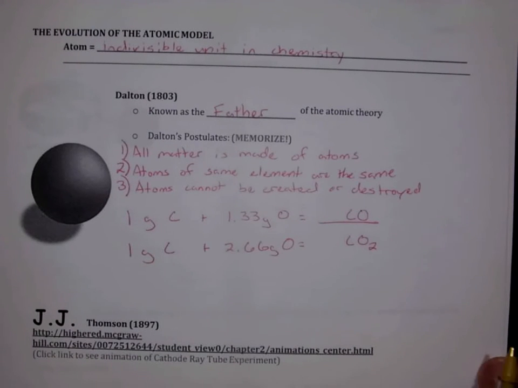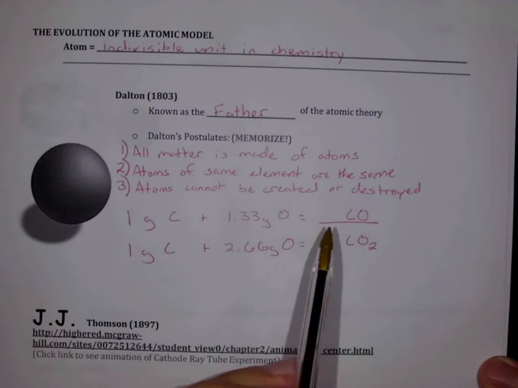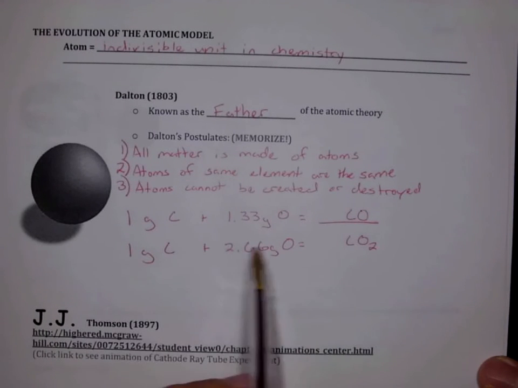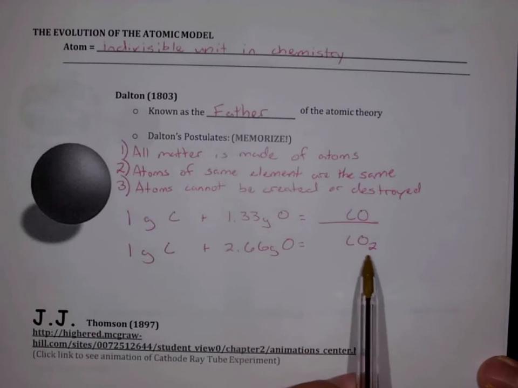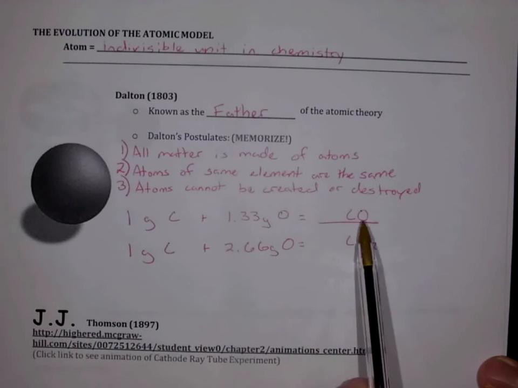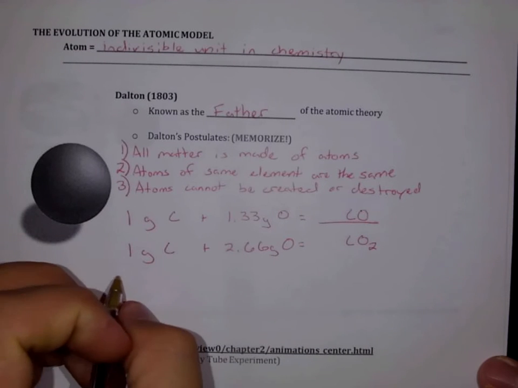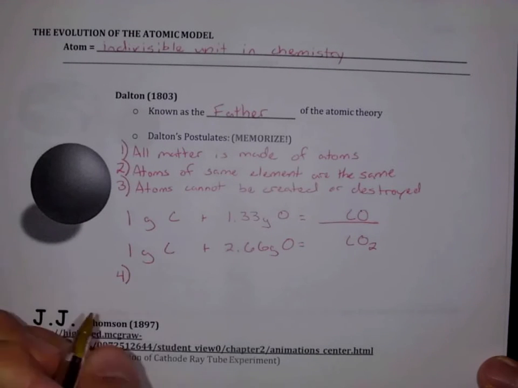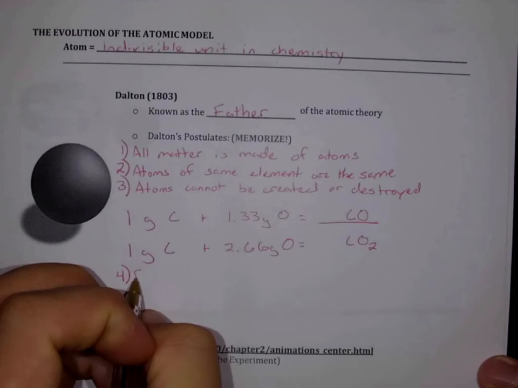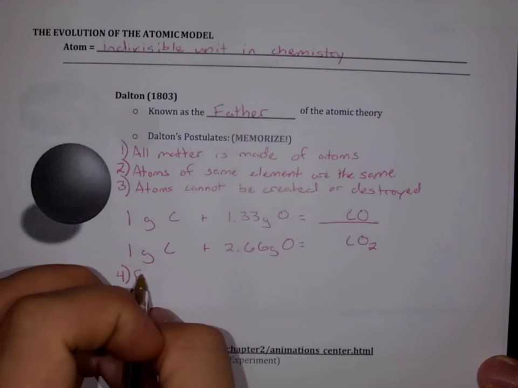Now, he also said, well, if I look at something like this, I know that I get this ratio here, and when I do a different experiment, I get a slightly different ratio, even though I have the same elements, right? This one is C and O, this one is C and O. So what he said, I'm going to have to go down on the bottom here because I didn't plan very well. He said elements can combine in different ratios, but it has to be whole numbers.